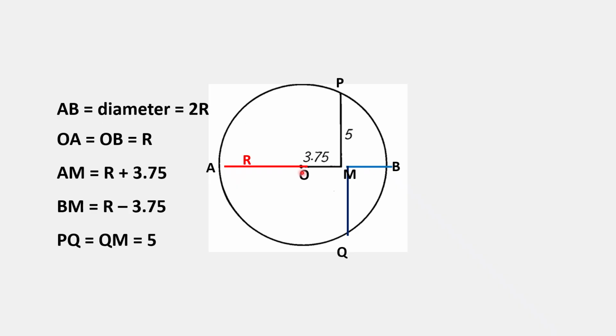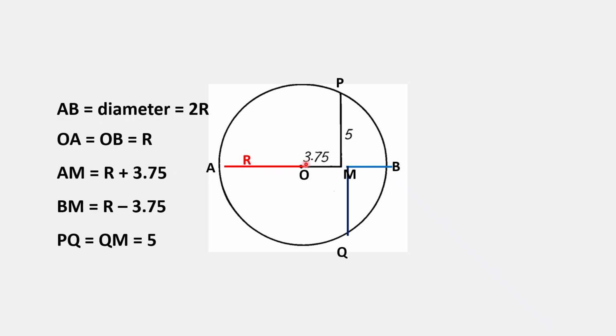So the value of AM, from A to M, will be radius plus 3.75. From A to O is R, the radius, and from O to M it is 3.75. Total AM will be radius plus 3.75.